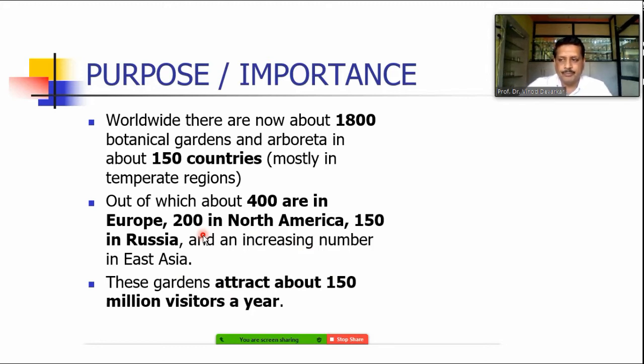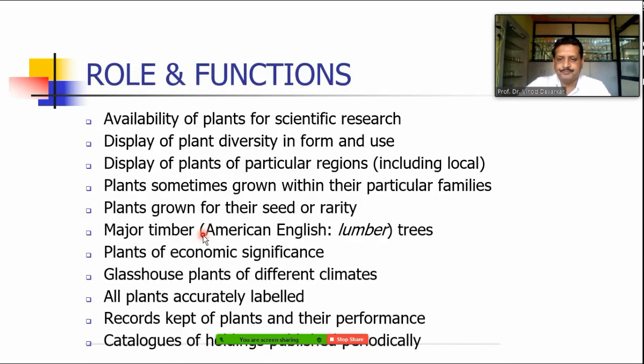What are the roles and functions of the botanical garden? The availability of plants for scientific research is the basic role of botanical gardens. In the herbarium we already studied that the specimens are dead or dried, stitched onto herbarium sheets.